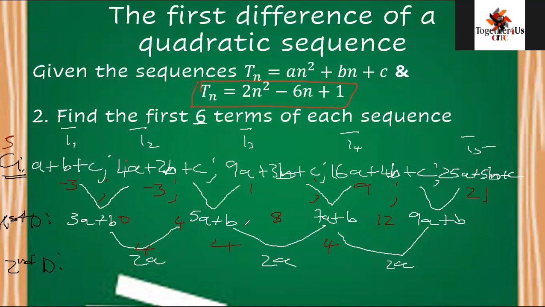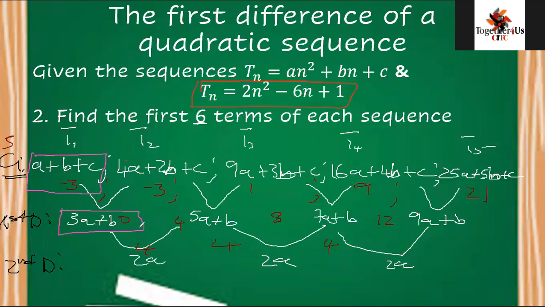Since this is a quadratic sequence, we can do some comparison here and links. We can see that term 1, in other words this negative 3, is equivalent to a plus b plus c. We can also see that 3a plus b is equivalent to the first difference between the first two terms of the quadratic sequence.